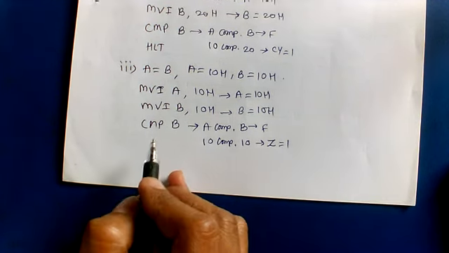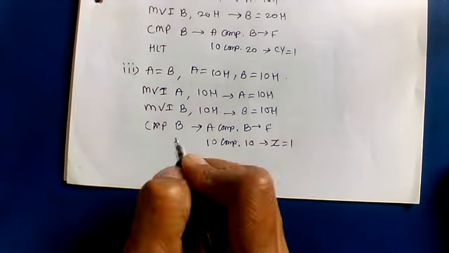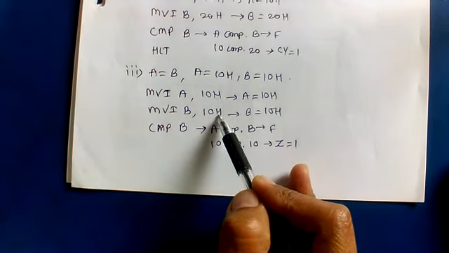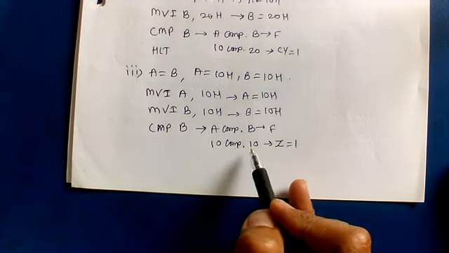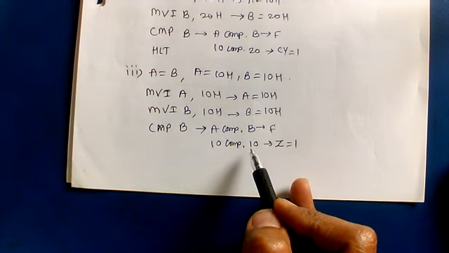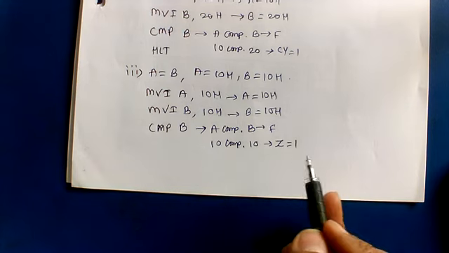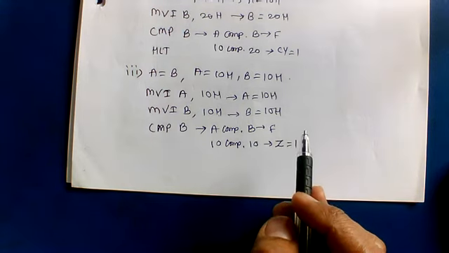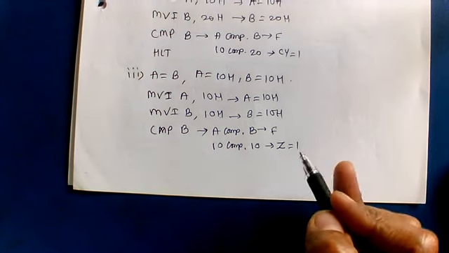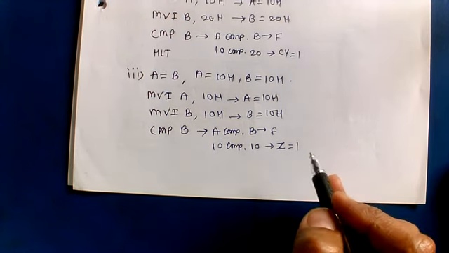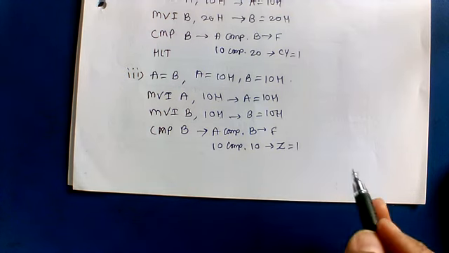So as here accumulator and B register contents are same, that is 10 minus 10, the answer we are getting is 0, and we know very well that as we are getting answer 0 means zero flag is 1. Now as far as this comparison is concerned, zero flag 1 indicates accumulator content and B register content are same.